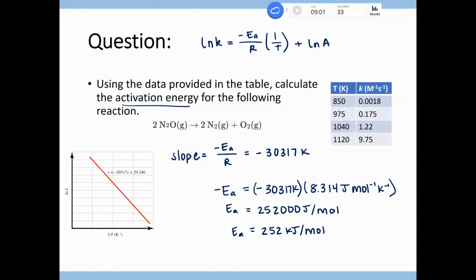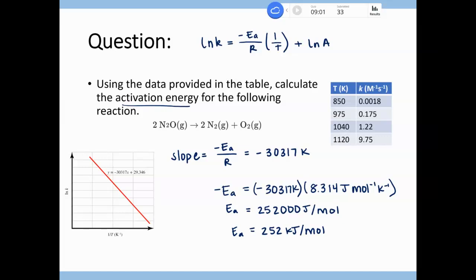So remember, rate constant depends on temperature. For a reaction to occur, the reactants must have sufficient energy. They must have the activation energy for that reaction. When more molecules have enough energy to overcome that barrier, the rate will increase, and the rate constant will increase.